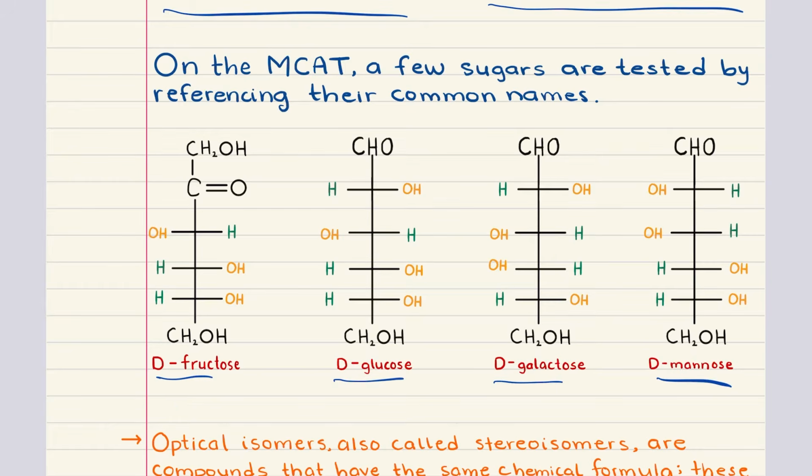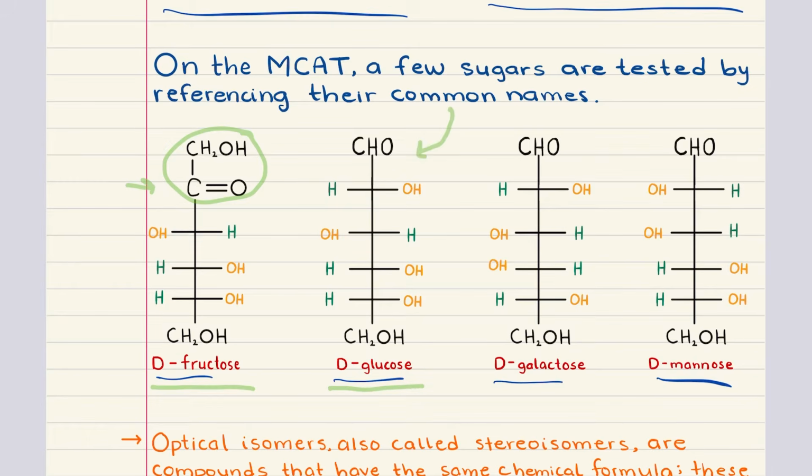Starting on the left, we have D-fructose. Notice that it contains a ketone group at the second carbon instead of an aldehyde at the top. That makes fructose a ketose. Specifically, it has 6 carbons, so we can better classify it as a ketohexose. Next is D-glucose. This is one of the most important sugars in the human body.